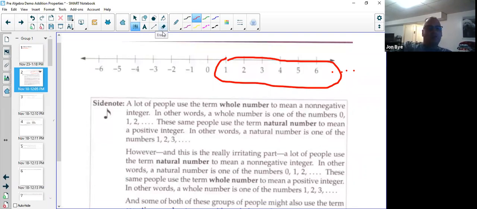So non-negative, meaning including 0, right? So we have positive integers or non-negative integers, which would include 0. So if we add this in, now when we include 0, instead of calling them the whole numbers, we're just going to call them the non-negative integers.